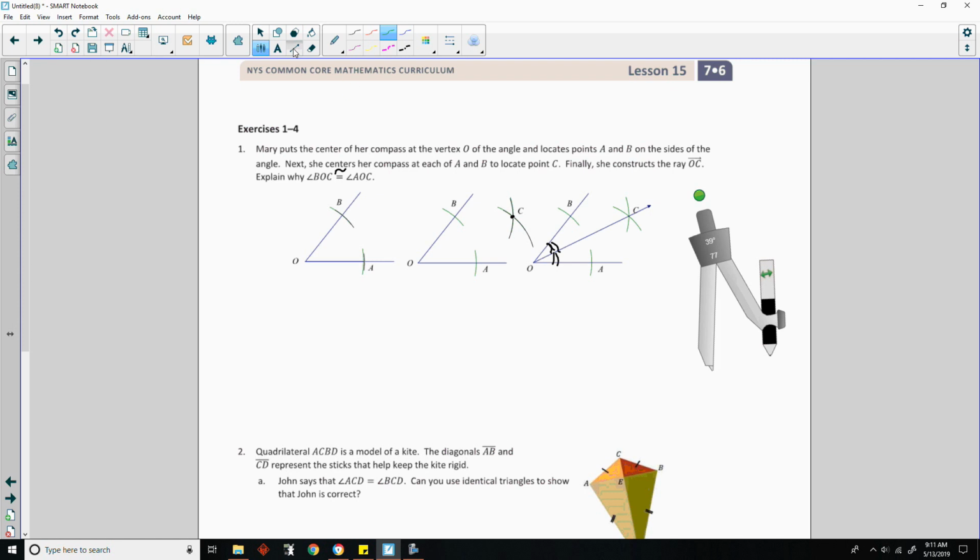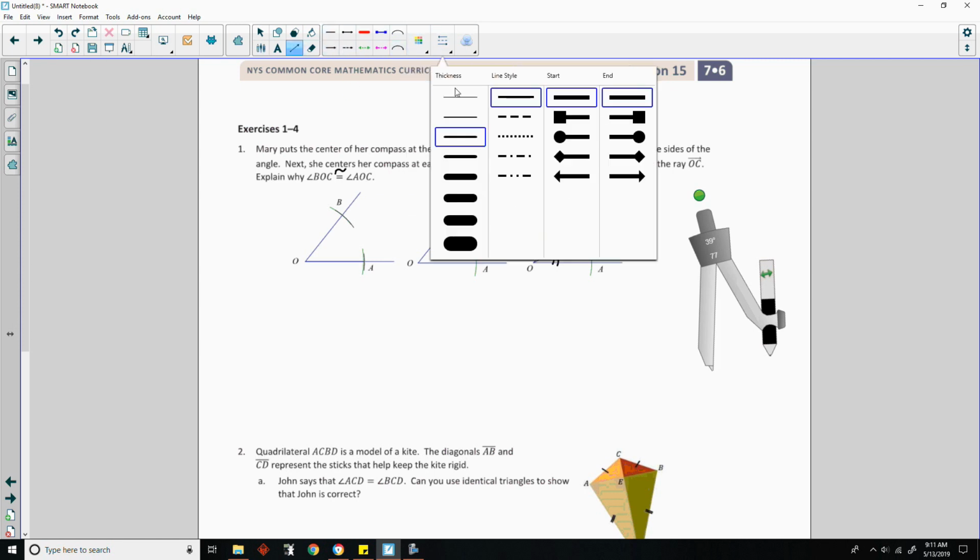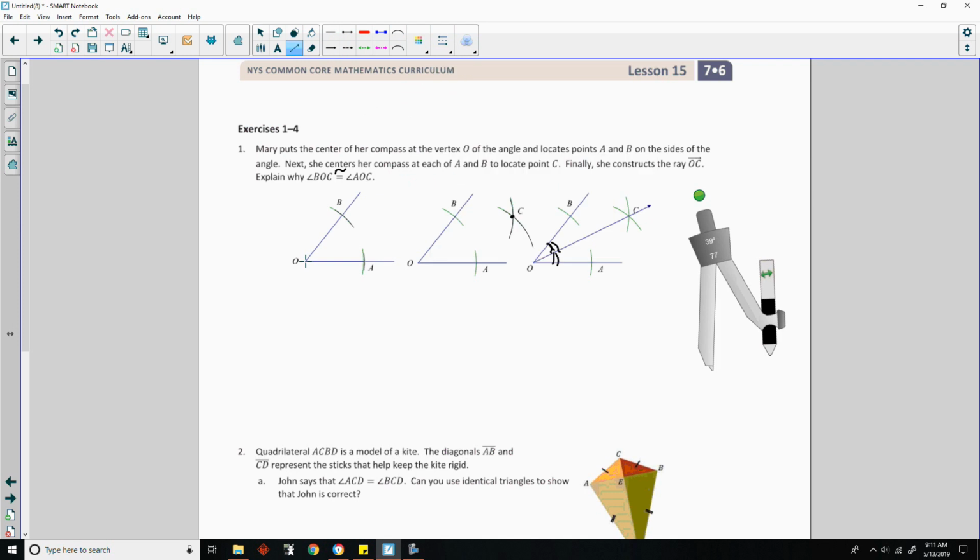Okay, so the reason is that, first of all, this distance and this distance are equal.